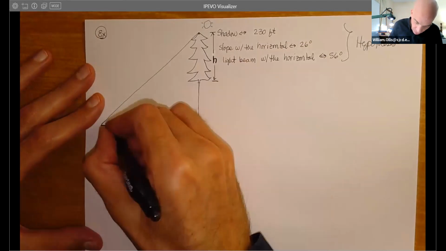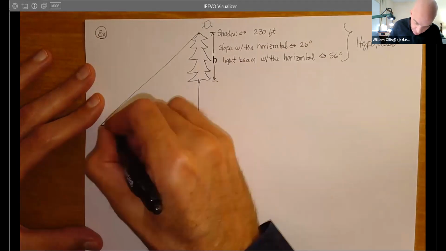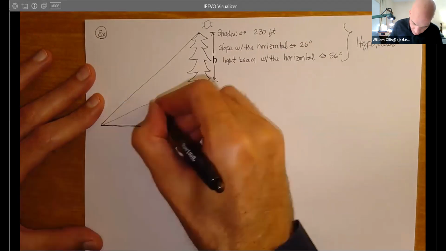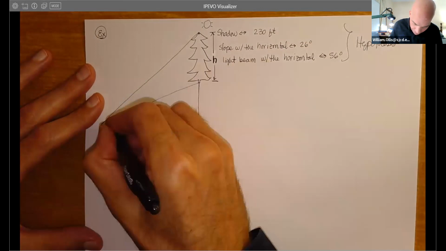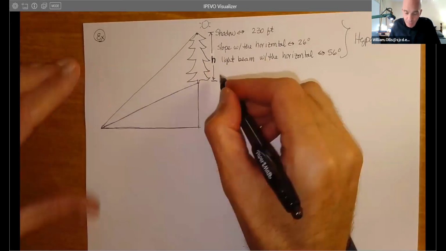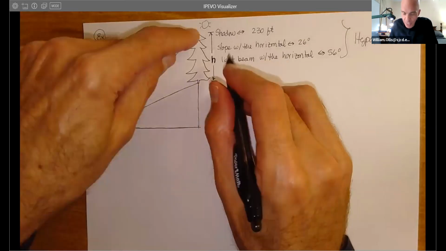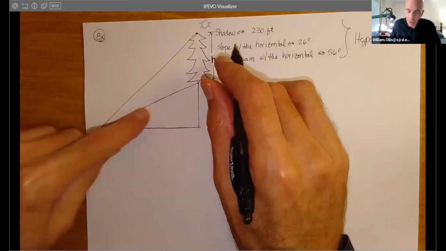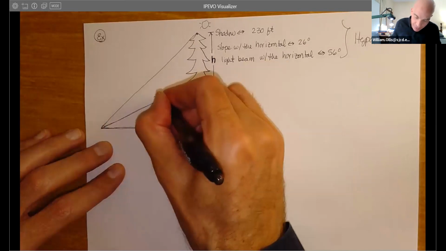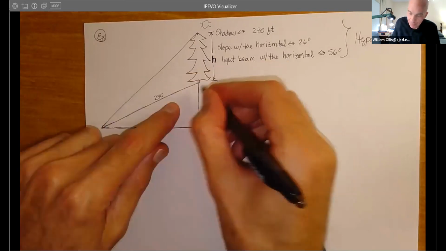The slope of the mountain runs this way to the bottom of the tree where it's situated. So as the beam comes down, the tree casts the shadow right here. And the shadow is 230 feet. That's the shadow right there.